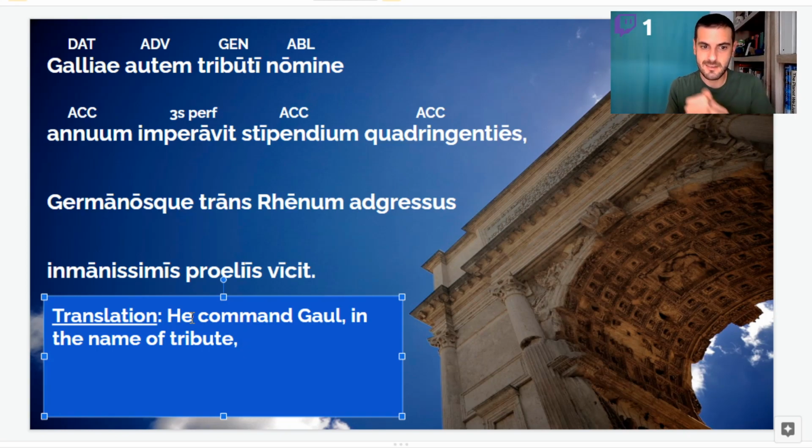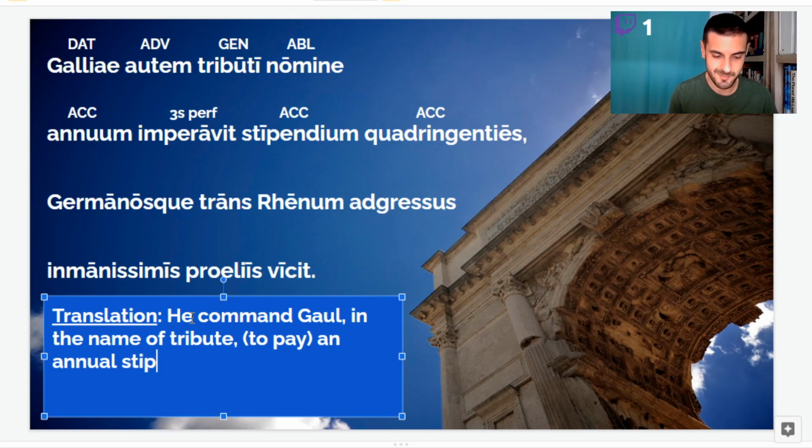He commanded them an annual stipend, meaning he commanded them to pay an annual fee. So he commanded Gaul to pay an annual tribute. I don't want to use tribute twice. An annual stipend. Sure. It's a word we use in English.